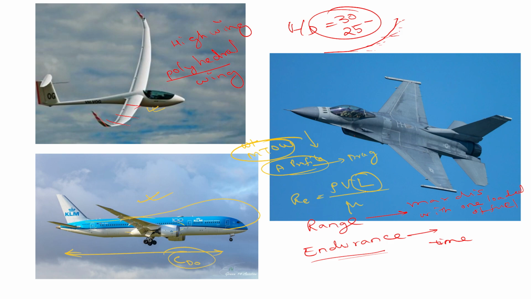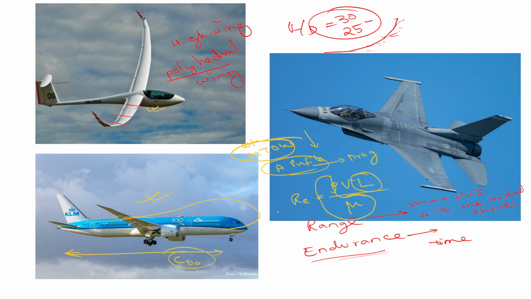So obviously it is directly proportional. If this goes high with the same fluid flow, the Reynolds number of a fuselage is going to be higher. The difference will be very high.